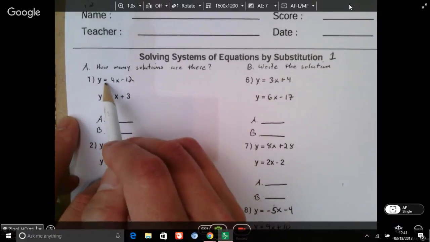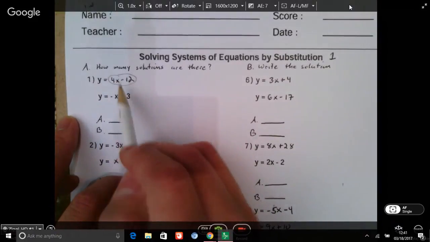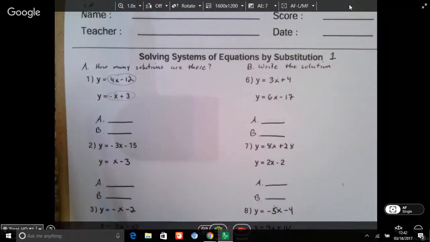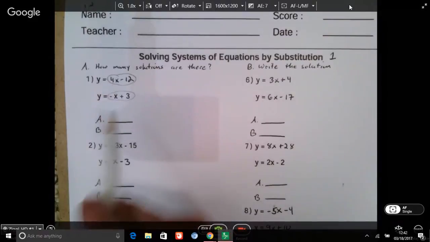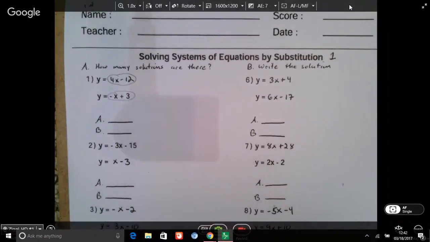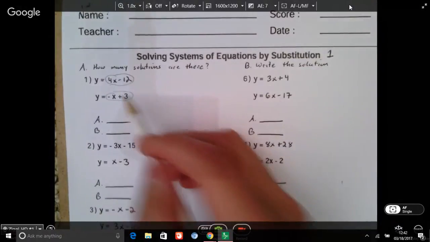Notice that y equals this. Also, y equals this. Since both of these, 4x minus 12 and negative x plus 3, equal y, then they should equal each other.